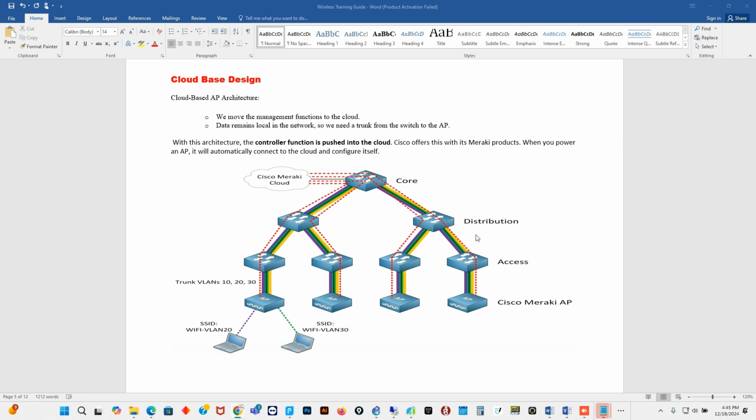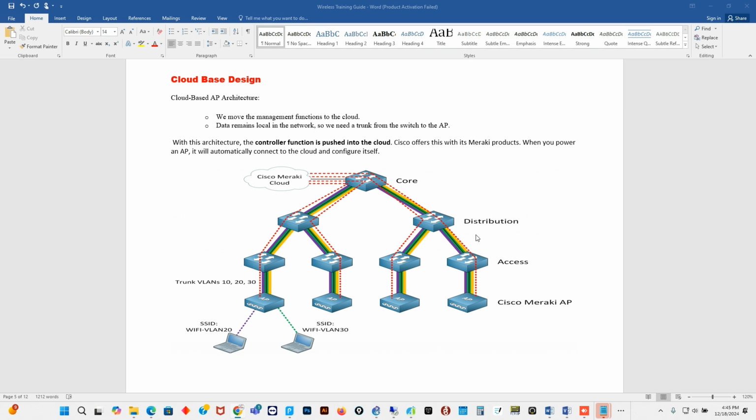With a cloud-based architecture or design setup, you have your cloud. The controller is what will serve for management, as we said, the management function. This is more like the wireless controller and AP concept.